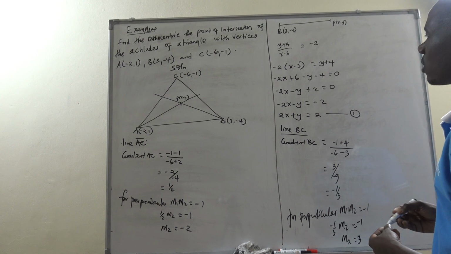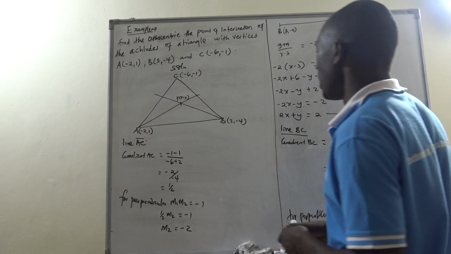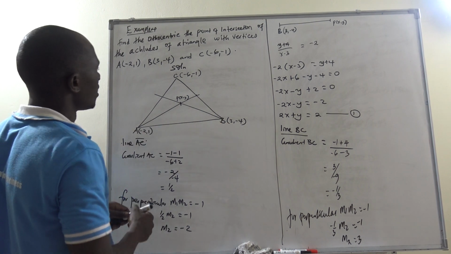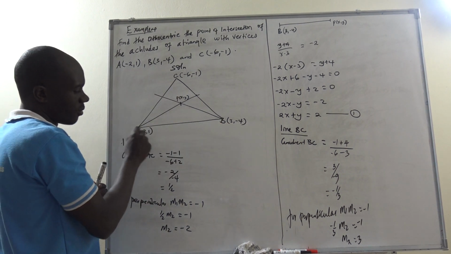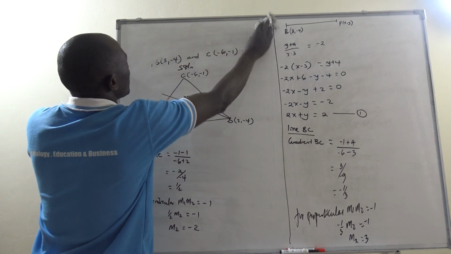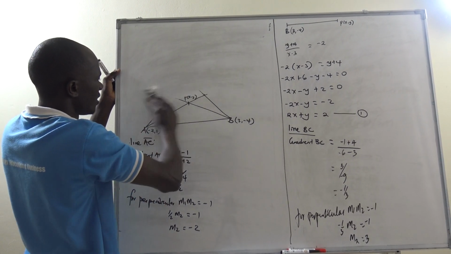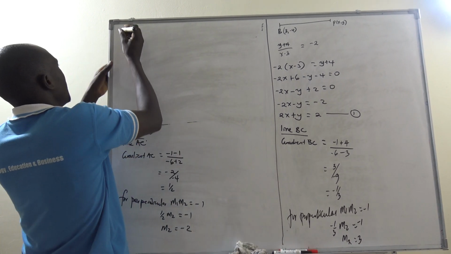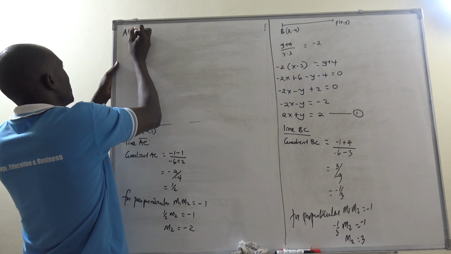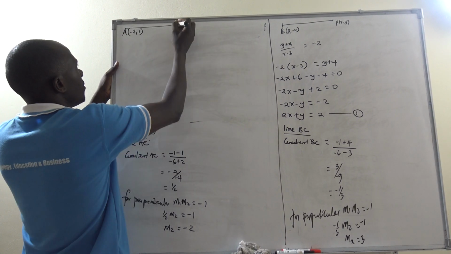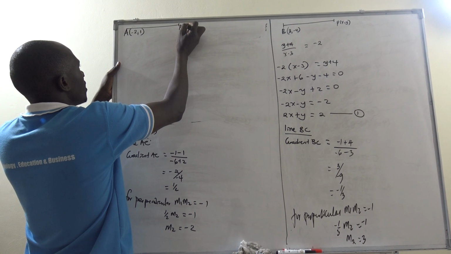After coming out with M2 equals 3, this altitude originates from point A. So we are using point A to find the equation of the line. Point A is (-2, 1), and it is meeting at point P, which was (x, y).